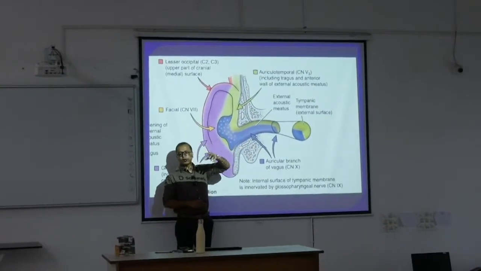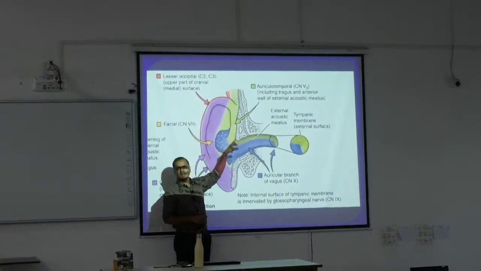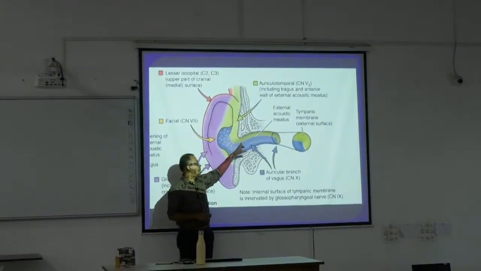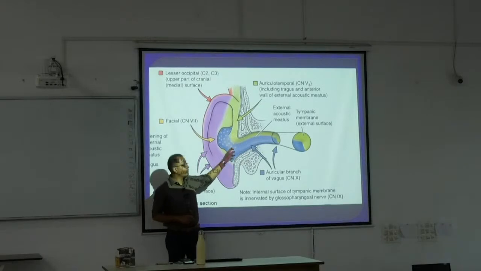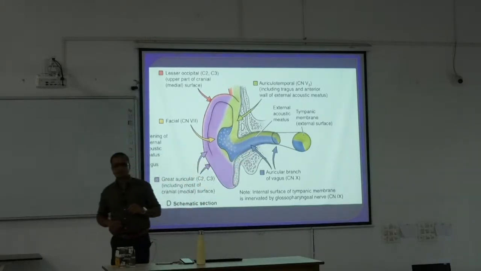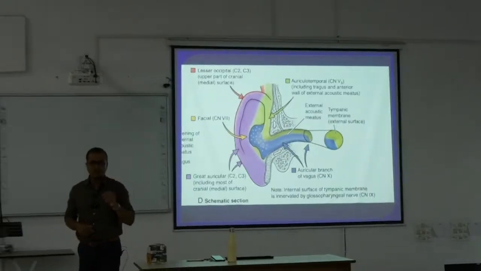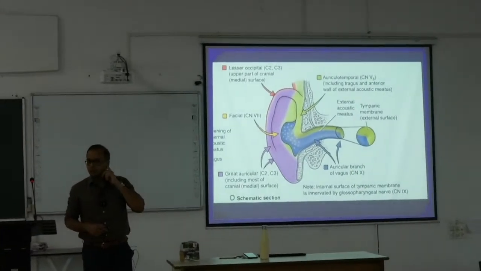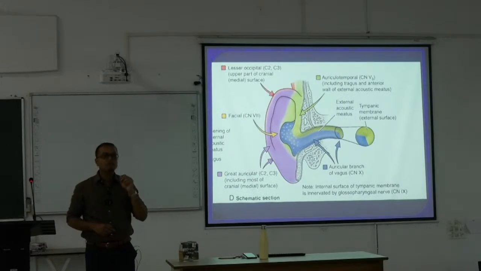And again they talk about the sensory divisions which take up the sensation from this region. Now if a patient has an infection of the external ear involving the external acoustic meatus or external auditory tube, then if you press the tragus, it becomes painful.